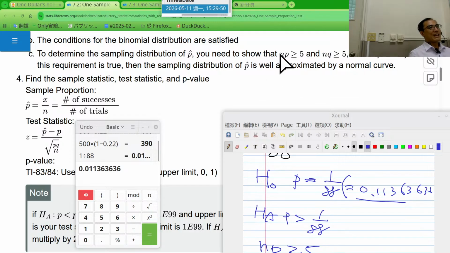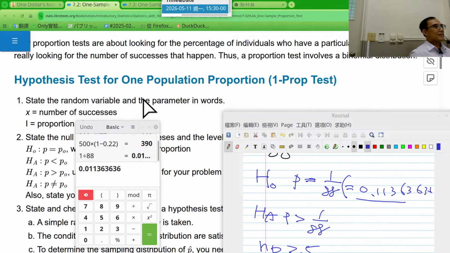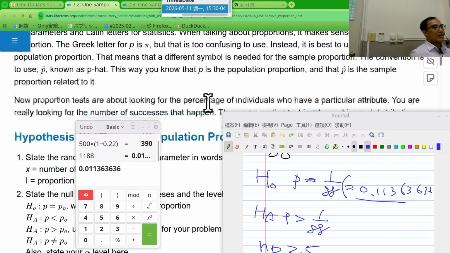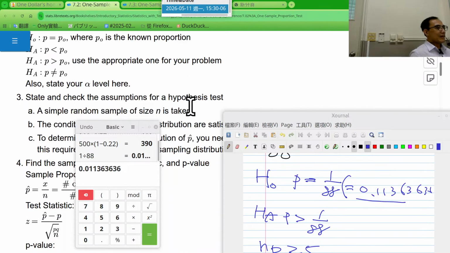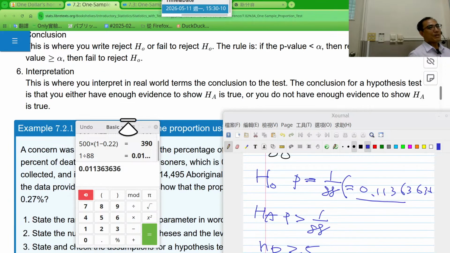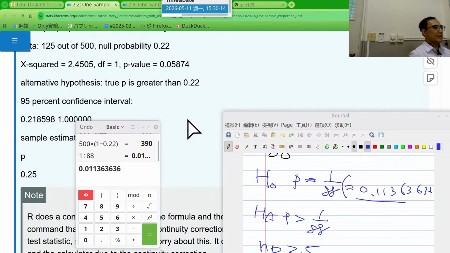And now what's the N? N is the sample. Sorry, I forgot. Okay, N is the number. Let's move to the next question.